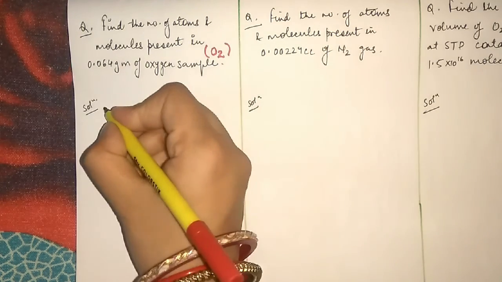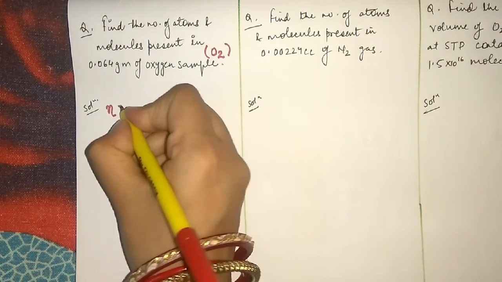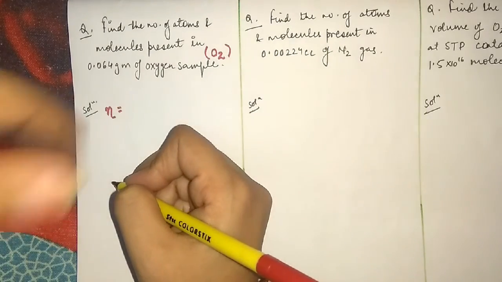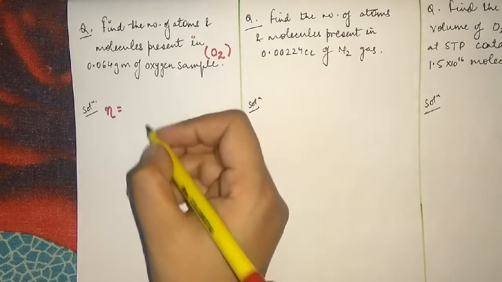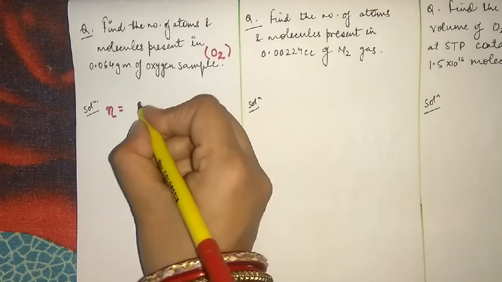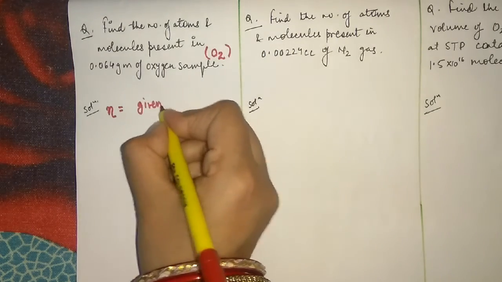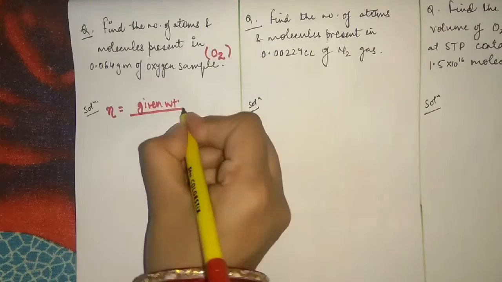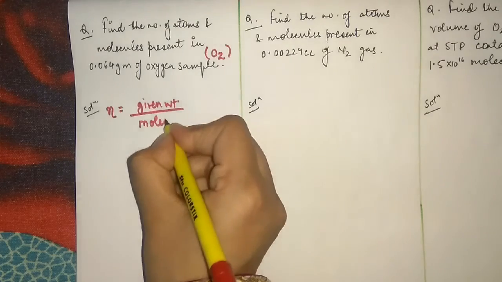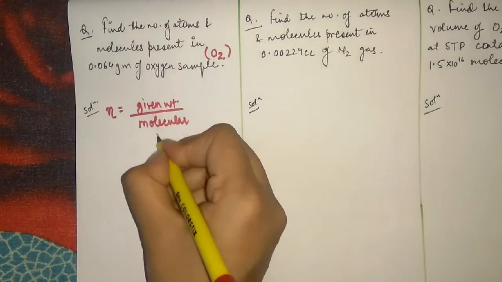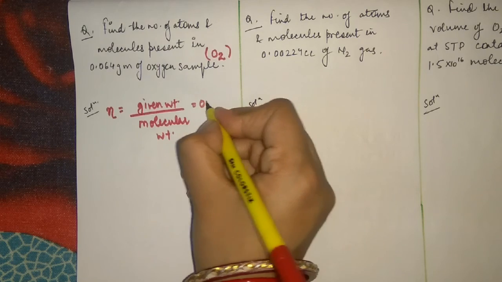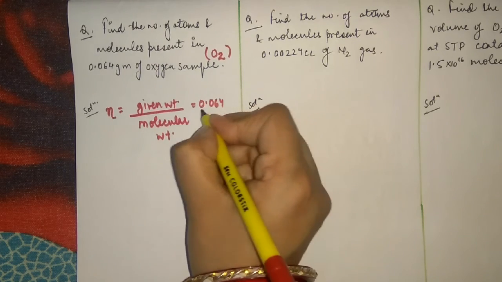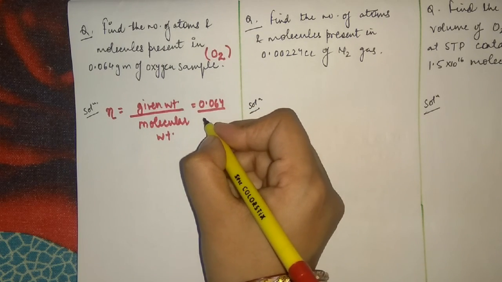So firstly we will calculate the number of moles. Now weight is given. Nothing else is given. So I can calculate the number of moles as given weight divided by molecular weight. Why molecular weight? Because O2 is a molecule. What is the given weight? 0.064 divided by the molecular weight of oxygen.